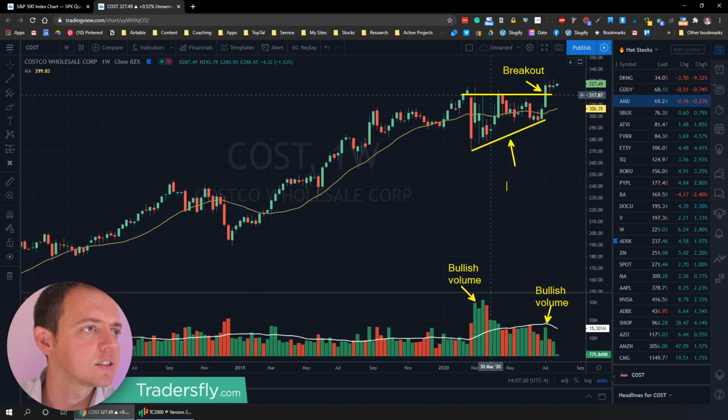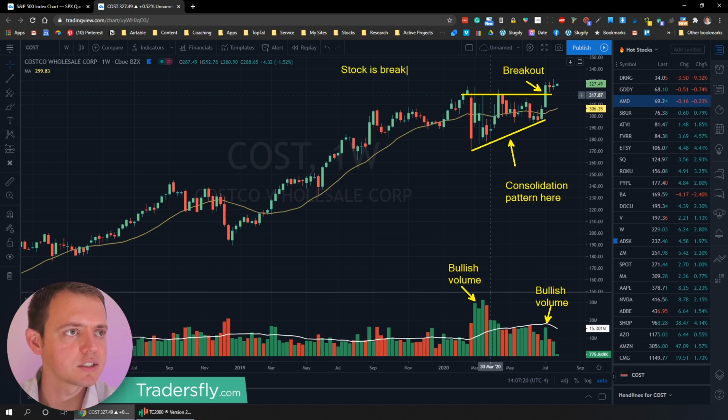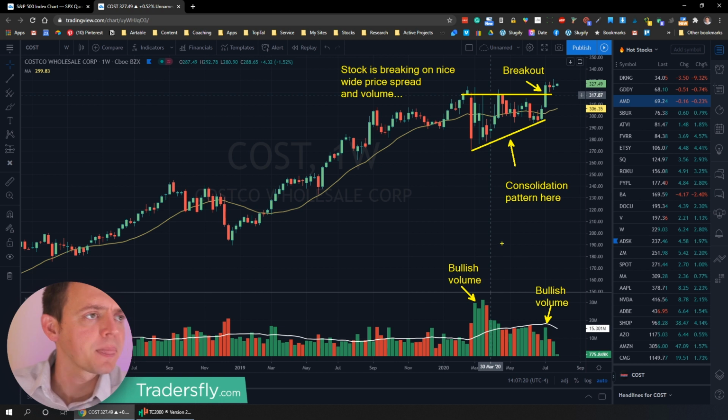You've got this consolidation pattern here, and the stock is breaking on nice wide price spread and volume. So this is very good, very healthy, continues to move.